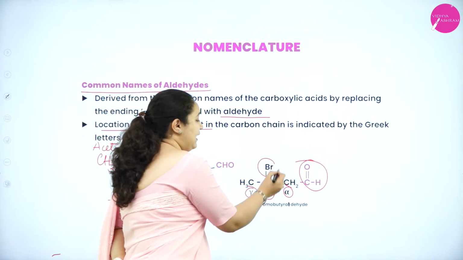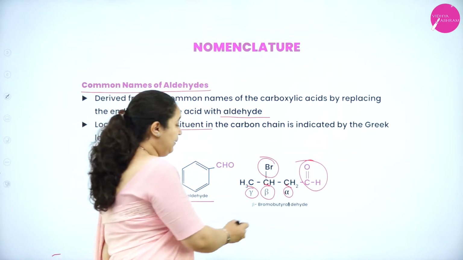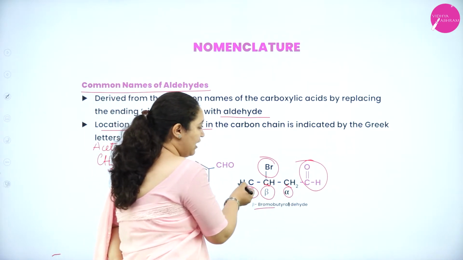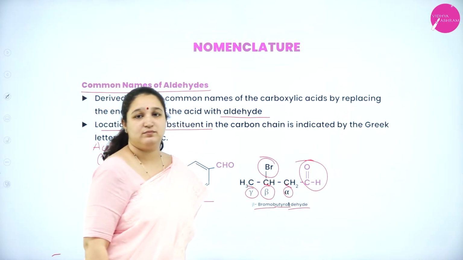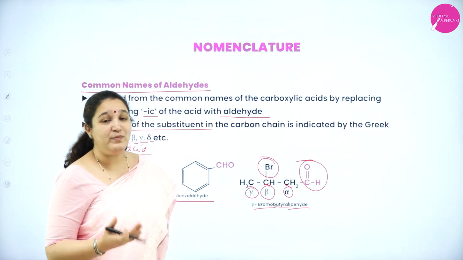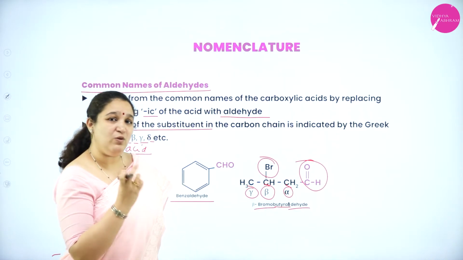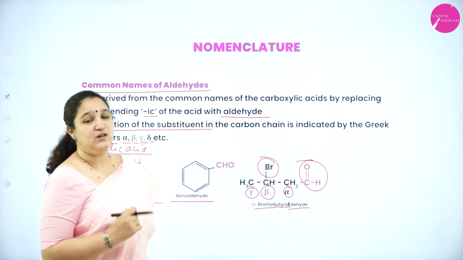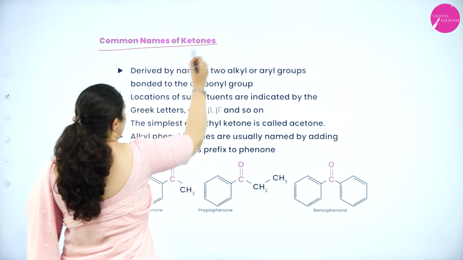To the beta carbon atom, we have bromine attached. That's why the name will be beta bromo, 4 carbon atoms, 1, 2, 3, 4, so butyraldehyde. This is the common method of naming aldehydes, where we are using the full word aldehyde for the naming.